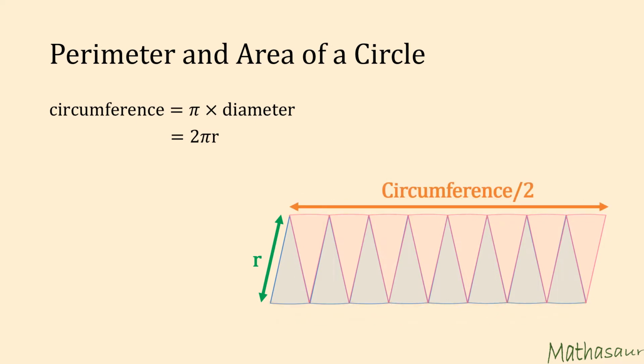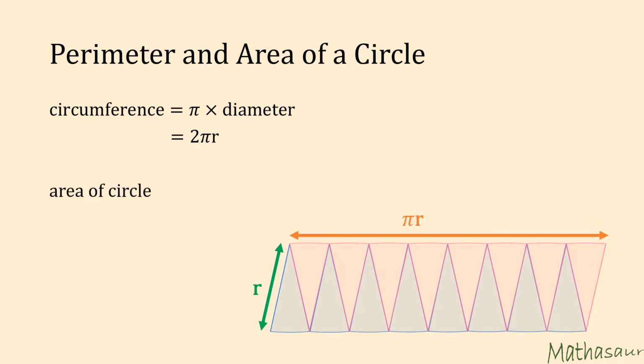So the length of this parallelogram is circumference by 2, and the width of this parallelogram would be equal to the radius or r. Let us substitute the value for circumference. We see that the length is pi r and the width is r.